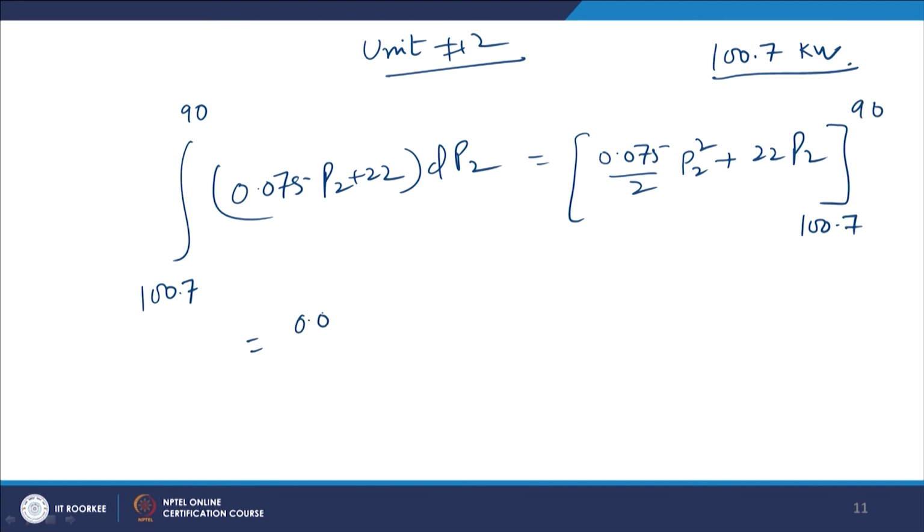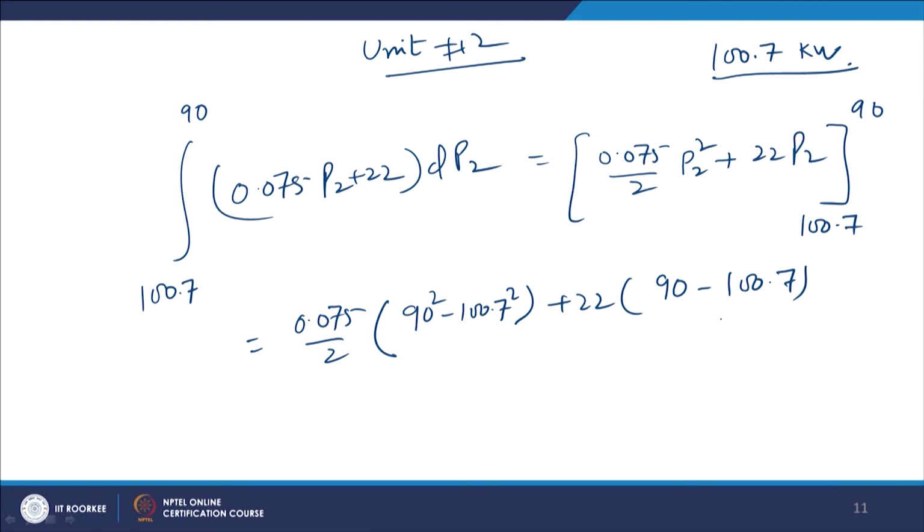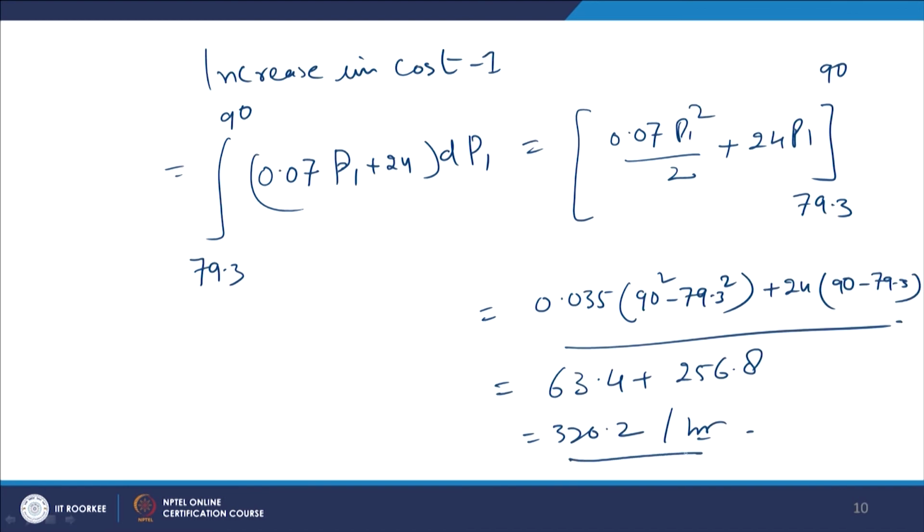That is 0.075 by 2 times (90 square minus 100.7 square) plus 22 times (90 minus 100.7). So it comes to rupees minus 311.9 per hour, and previously it was 320.2.